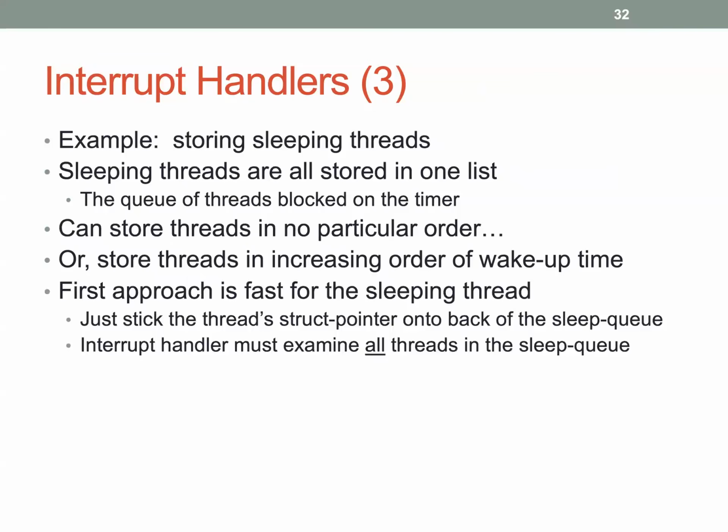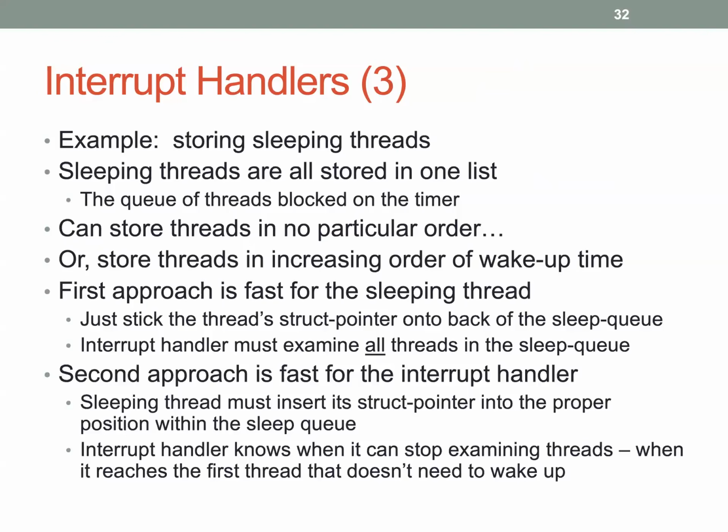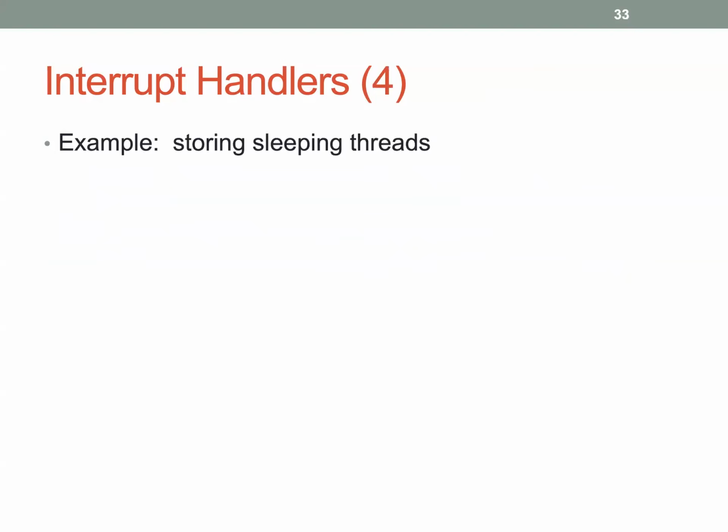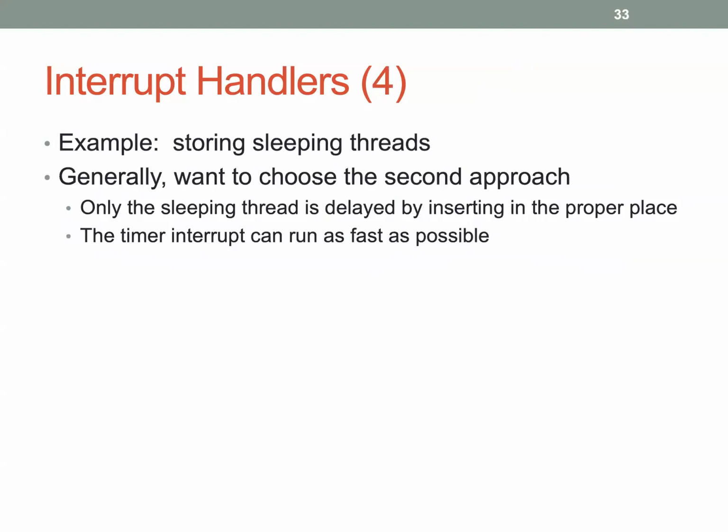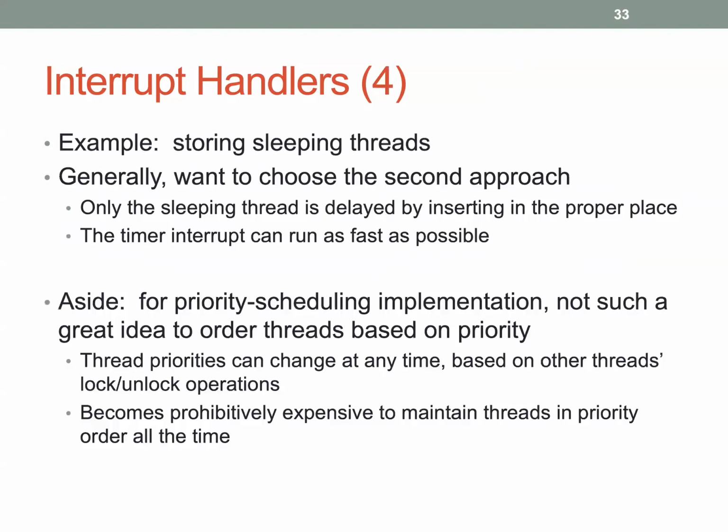And if you store them in increasing order of wake-up time, then the interrupt handler can just pull them off in order. And when it sees a thread that it can't wake up, it knows that all the threads after that also cannot be woken up. So that shortens the amount of the list that has to be traversed by the interrupt handler. So something like this is going to be a lot more efficient. Okay.